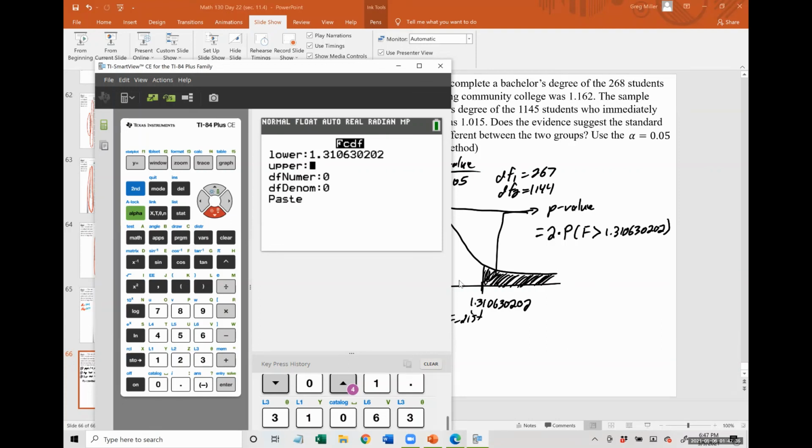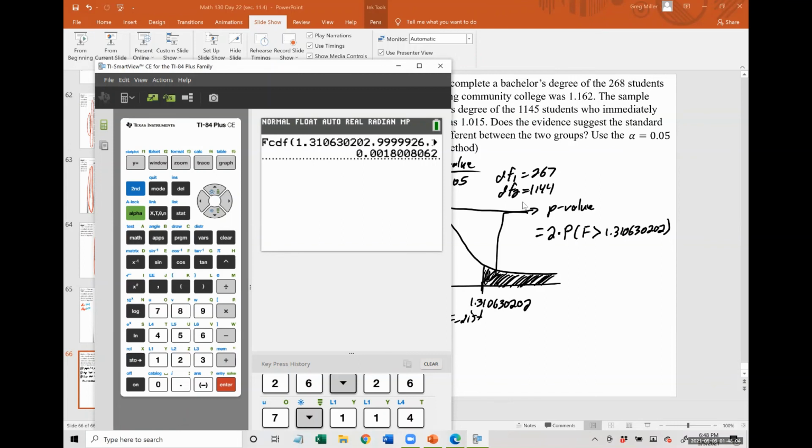So the way you type infinity is you type a really big positive number. And then you put the 2 degrees of freedom in, and you've got to put them in the right order. DF1 first, 267 and then 1144. I know this is just 99999, but adding the 26 just makes it a bigger number. That's okay. So you have to put them in the right order. I know at some point we switched them. Don't switch them. Okay, it's the original degrees of freedom order. And then enter, get the answer.